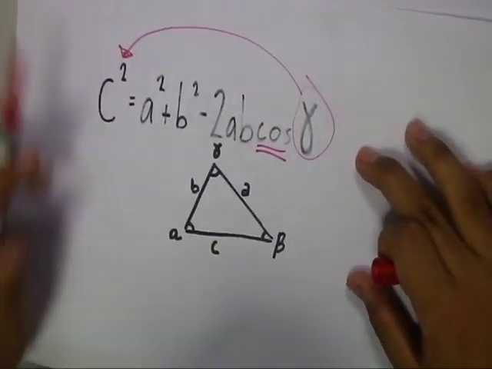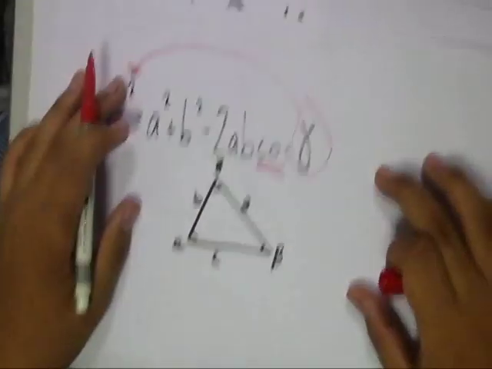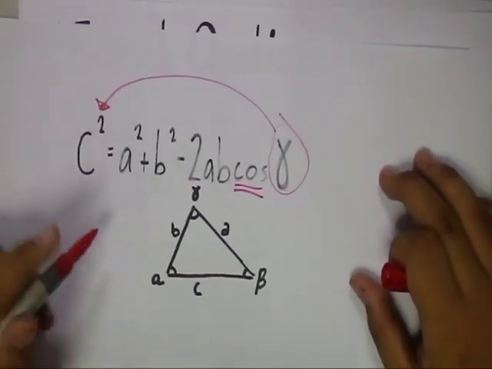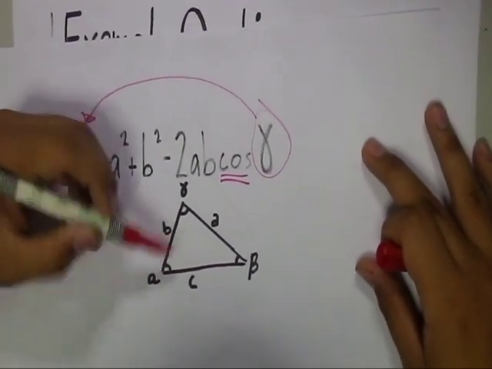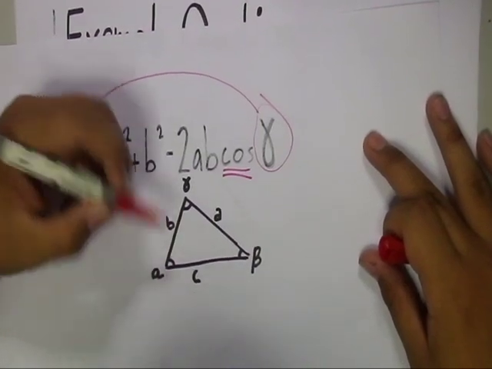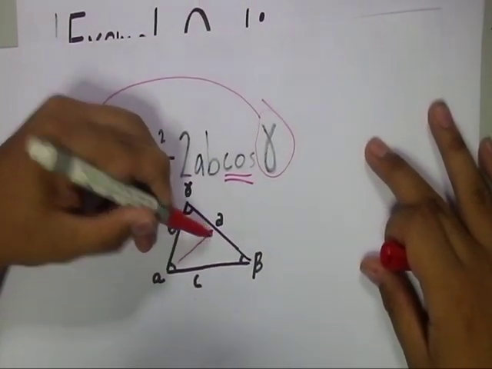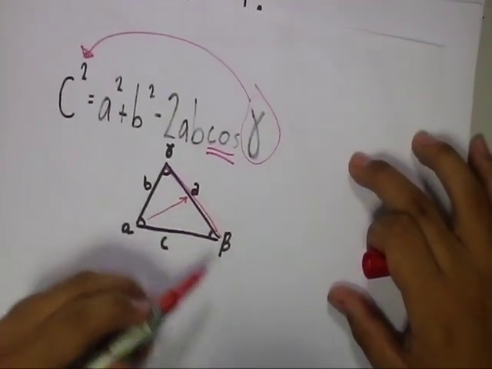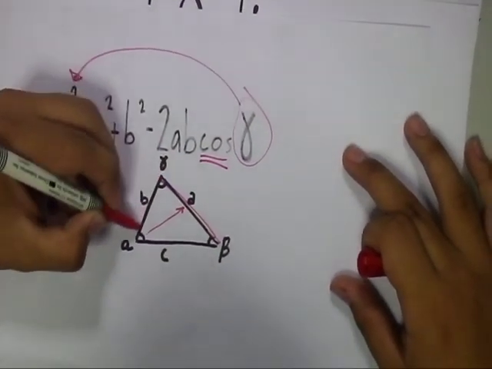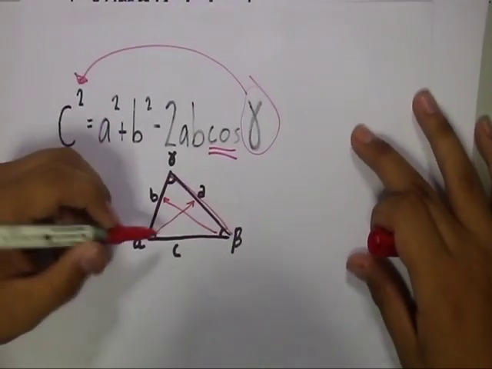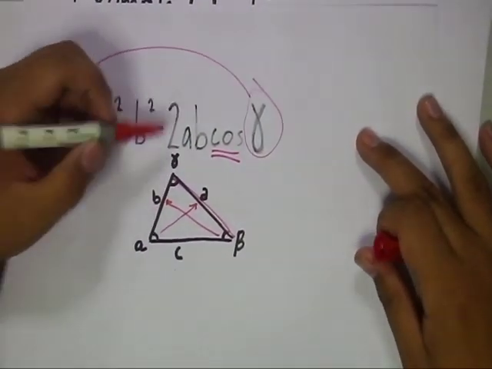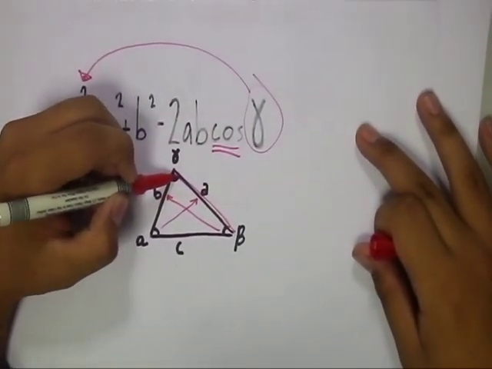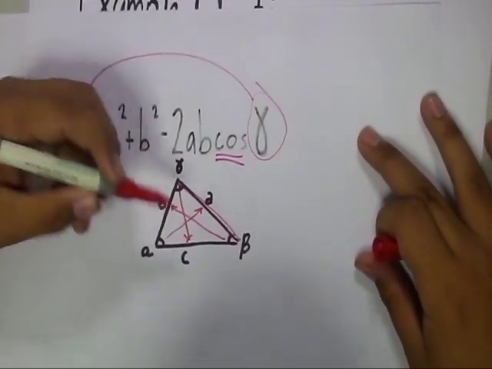Simple as that. Now we just have a little interpretation about this triangle. Angle alpha is complementary to side A, okay? And angle beta is complementary to side B. Always remember that. Also, angle gamma is complementary to side C.